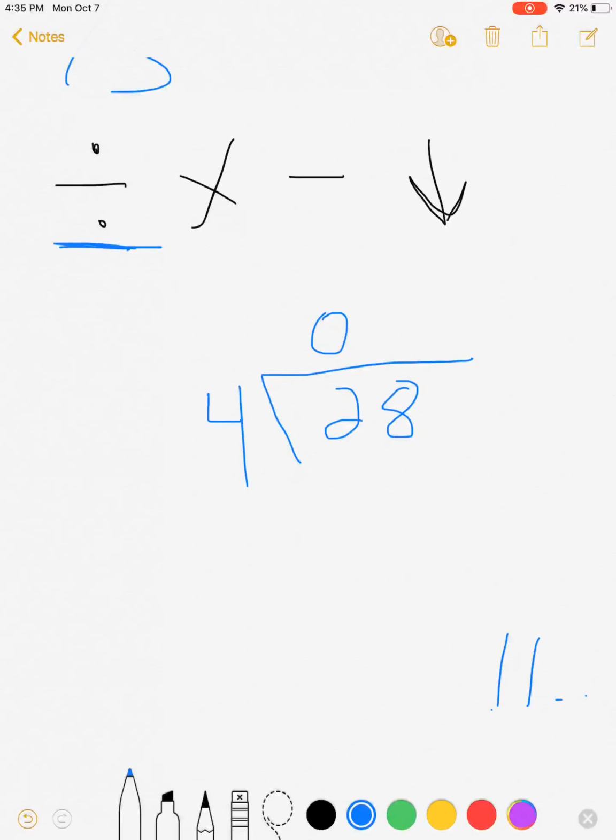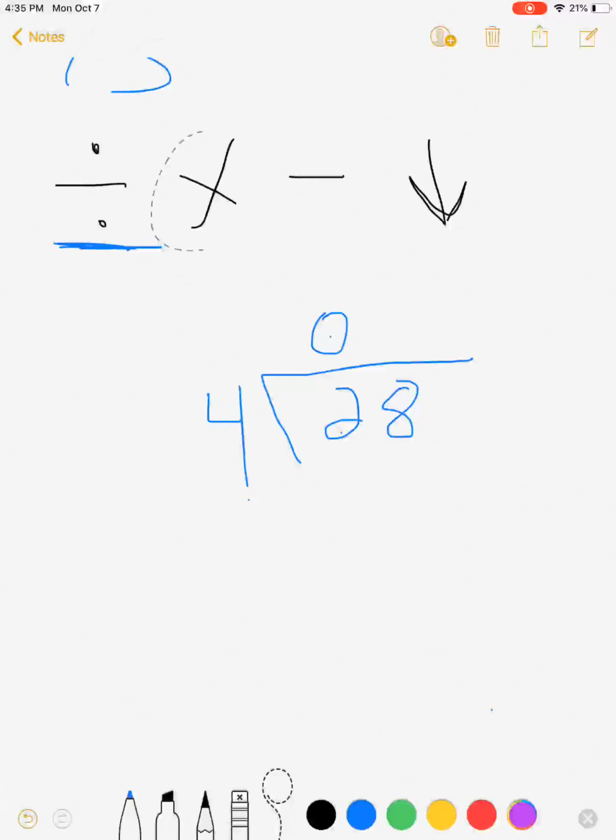But if I had 8 sticks, 1, 2, 3, 4, 5, 6, 7, 8, how many groups of 4 can I make out of that? 1, 2, 3, 4, that's 1. 1, 2, 3, 4, that's 2. I would get 2 groups of 4. But with only 2 sticks, there are no groups of 4, okay? Easy peasy concept, right? All right, how many times can 4 divide into 2? 0 times. So we've divided.